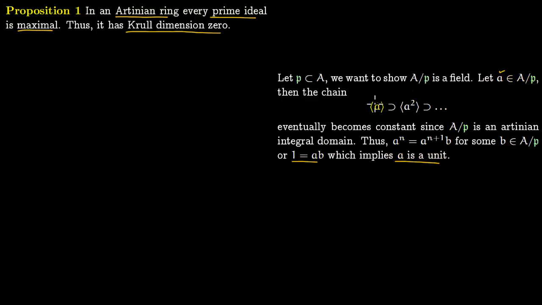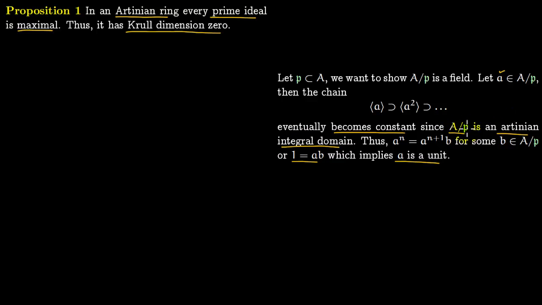Now consider this chain of ideals. (a) contains (a square) and so on. So this chain would eventually become constant because this A modulo P is an Artinian integral domain, precisely because A is Artinian.